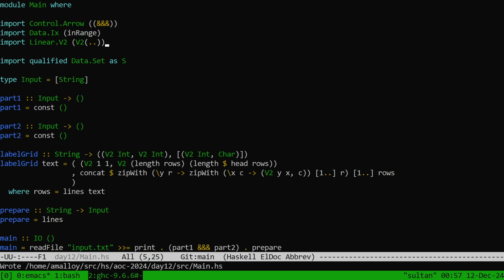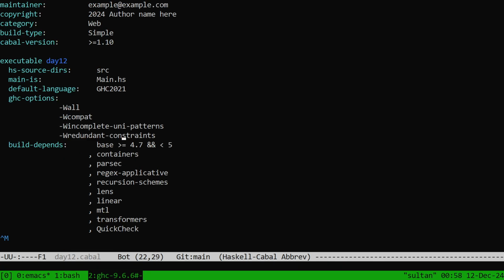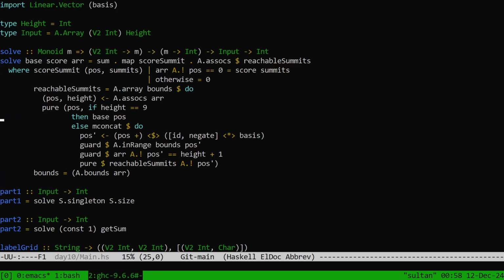Oh, I kind of do. It's actually kind of the same thing I did in day 10 as well, right? Where I got all the directions. This here.